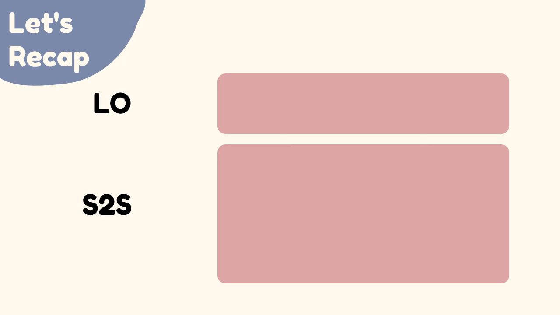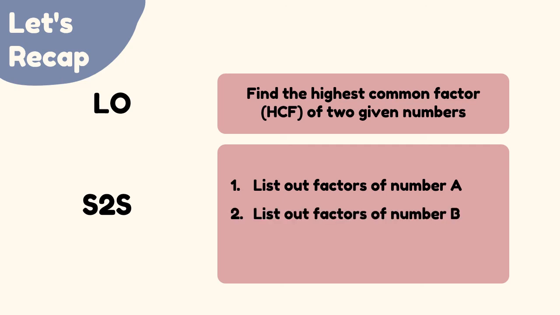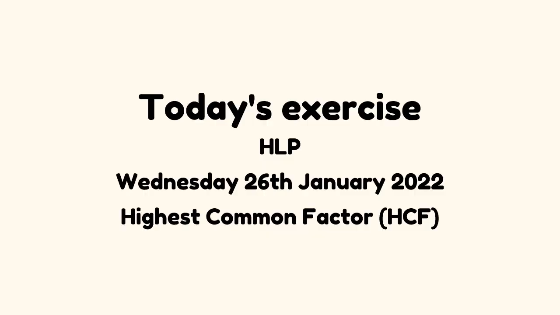So let's just quickly recap our LO for today. Today we are finding the highest common factor of 2 given numbers. Highest common factor also stands for HCF. Our steps for today: the first one is we are listing out factors of number A. Step 2 lists out the factors of number B. And our last step for today is we are picking the highest or the biggest, the greatest common factor.